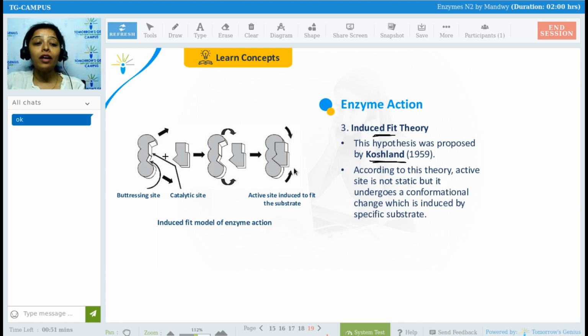Then we have seen the inducible enzyme, right? For inducible enzyme, yes, we can say that the active site is induced by some inducible substance so that it can fit with the particular substrate. But this is not a generalized theory or hypothesis for each and every type of enzyme. Clear?